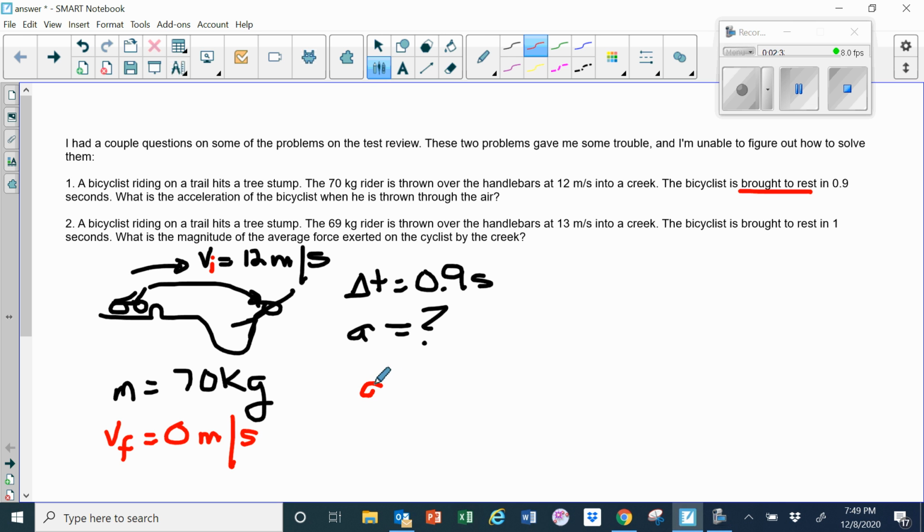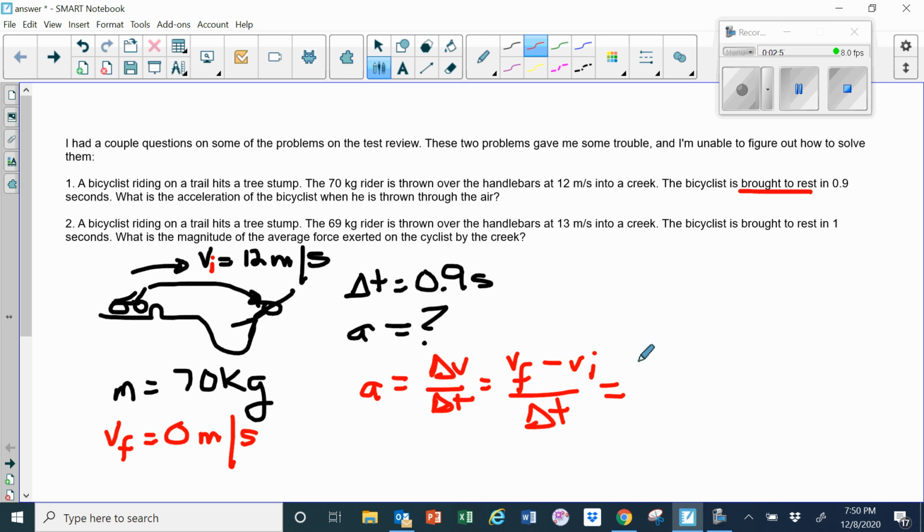So if you think about it, the acceleration, by definition, is the change of velocity over the change in time. That's his change of velocity. He starts at 12 and he drops to 0 over a time of 0.9 seconds. So I can rewrite that: V final minus V initial over delta t.